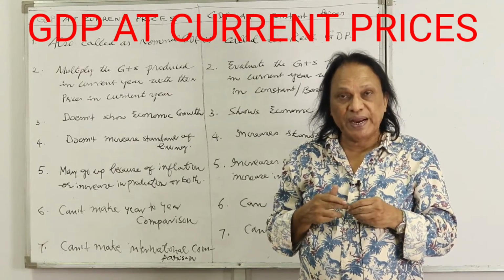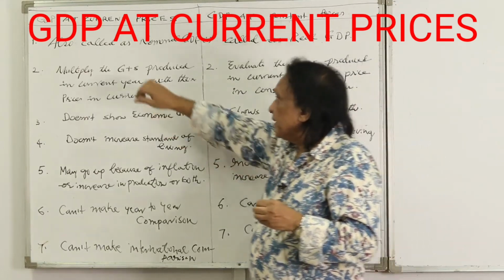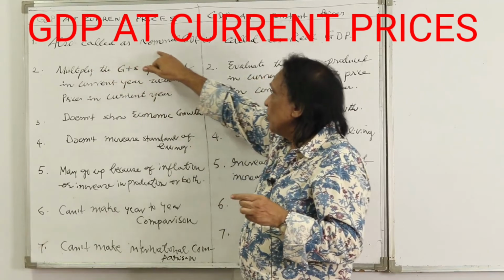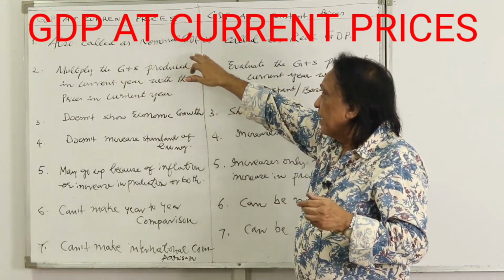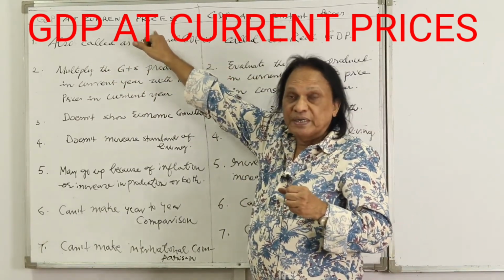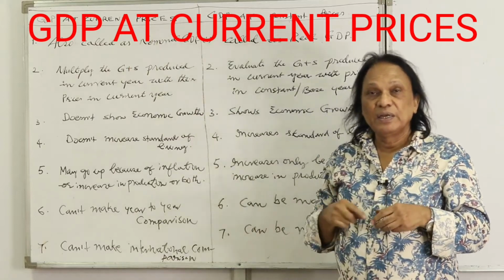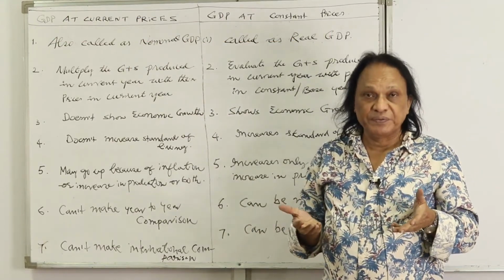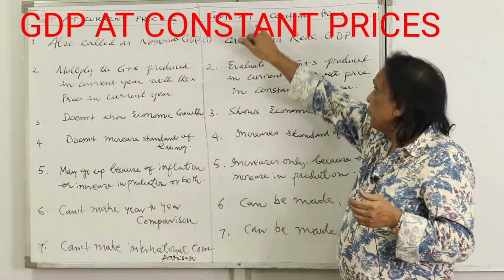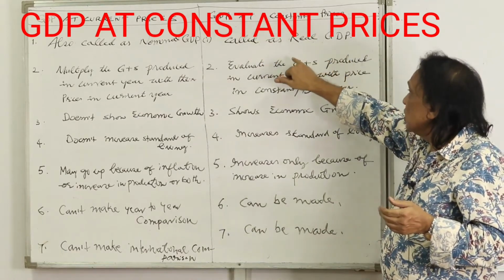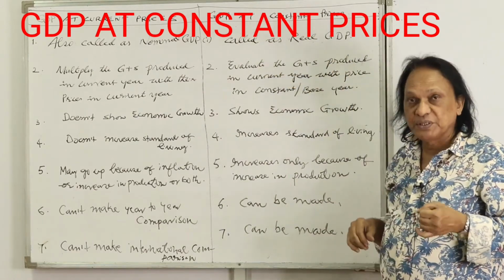What is GDP at current prices? GDP at current prices, we call it nominal GDP. And GDP at constant prices, we call it real GDP. This is the first point.